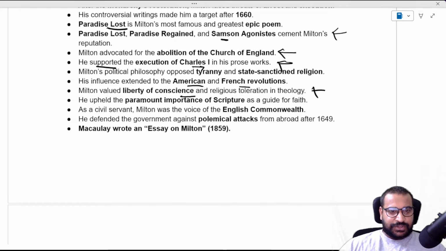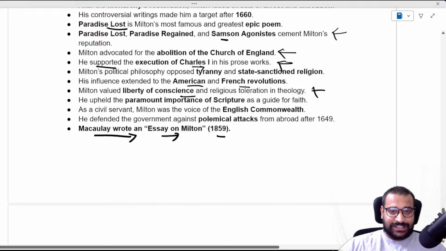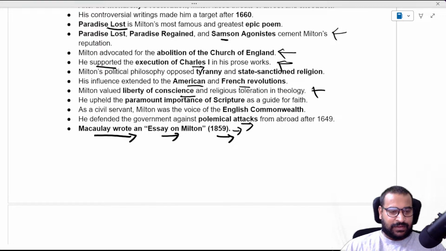Very important that you should know that Macaulay wrote an essay on Milton in 1859. They recently asked a question based on this. There was a match the following, with all these names and who wrote what, right?